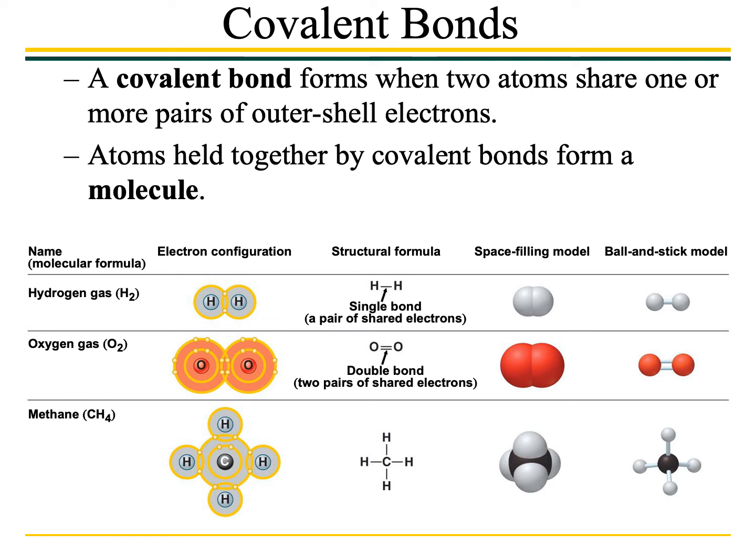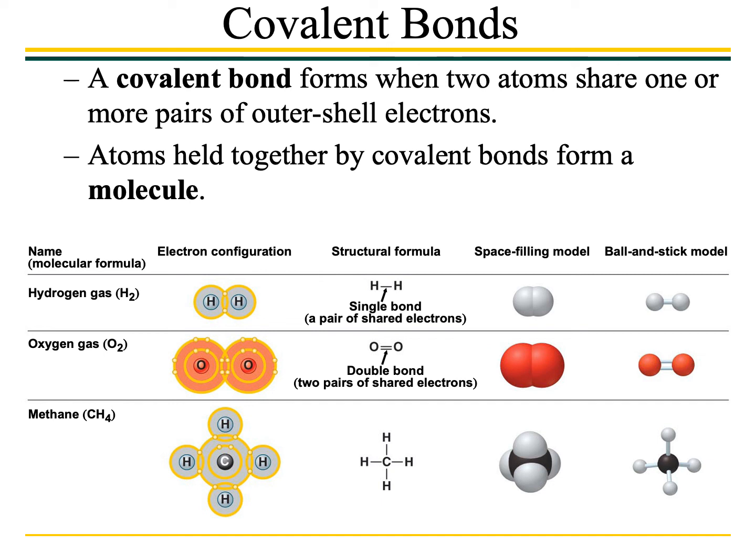Typically, the single line designation indicates a covalent bond. You also have a space-filling model in the next column and the ball and stick model in the final column, just to give you some different views of what these molecules can be represented as or how they might look.